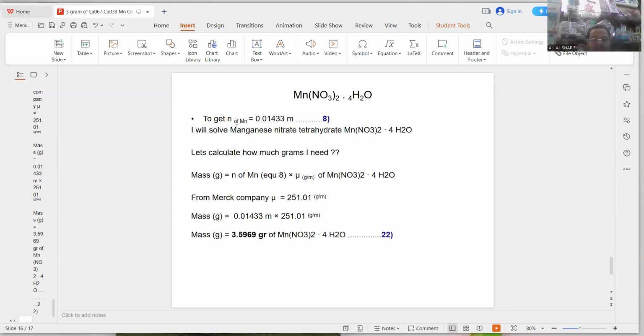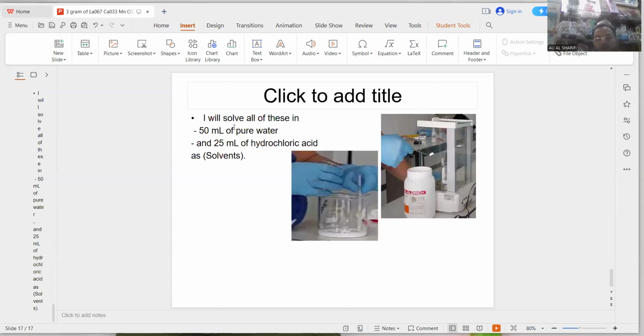Now I will dissolve all of these agents, acetic acid, ethylene glycol, and the precursors, lanthanum nitrate hexahydrate, manganese nitrate tetrahydrate, calcium nitrate tetrahydrate, with solvent 50 ml of pure water and 25 of hydrochloric acid inside this glass, and use this glass pen to stir this liquid, to be sure all of these precursors will dissolve with solvents and with agents.